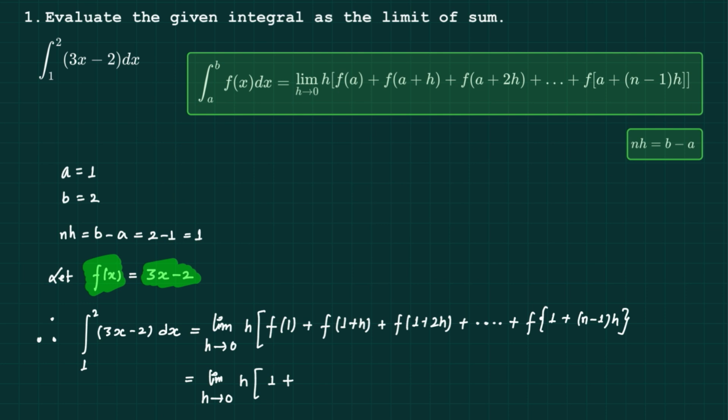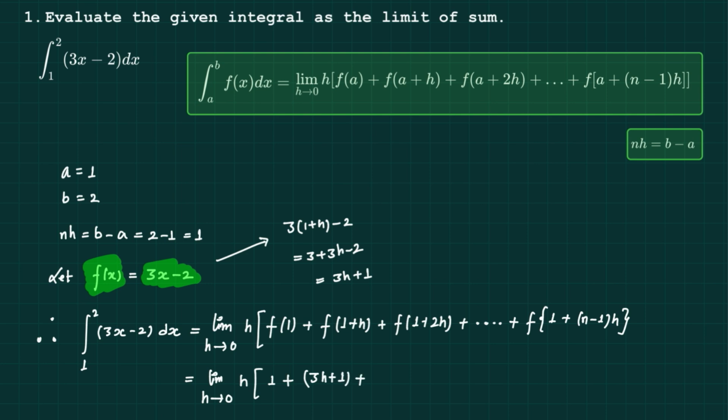Let us calculate here separately: f of 1 plus h will be 3 into 1 plus h minus 2. Now this will be 3 plus 3h minus 2, and this equals 3h plus 1. So the value of f of 1 plus h is 3h plus 1.